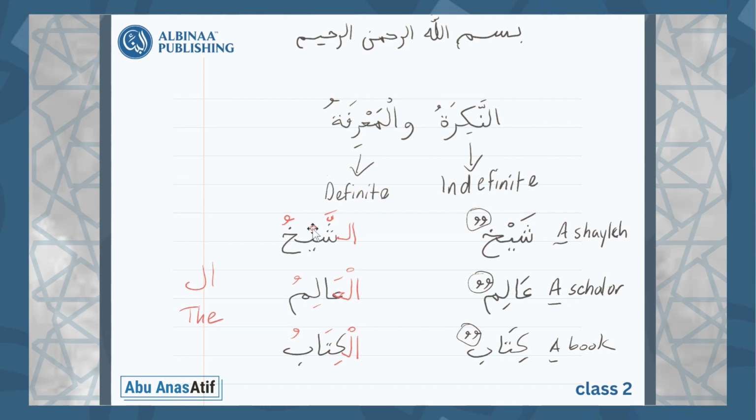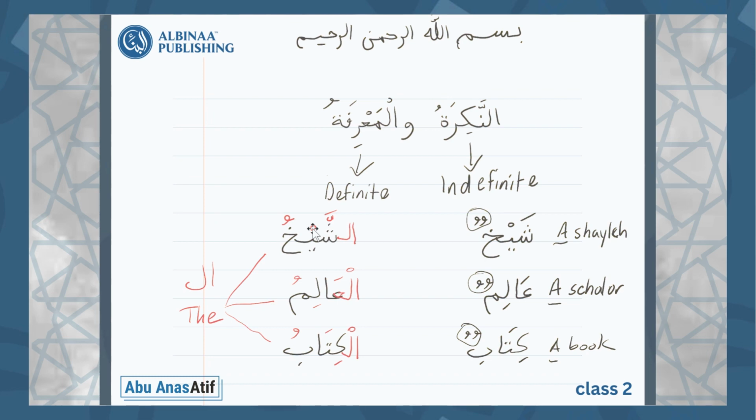So it changes from being a sheikh to the sheikh, from being a scholar to the scholar, from being a book to the book. Clear? And so this is an example of when you have a nakira and you have al-ma'rifah.